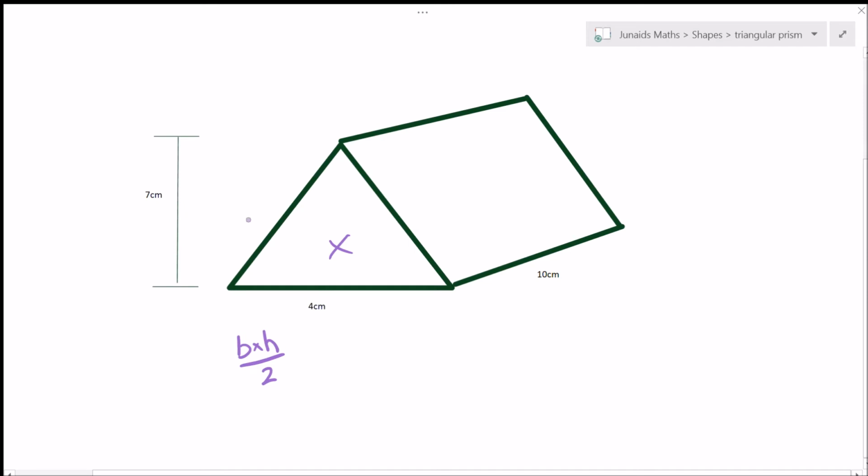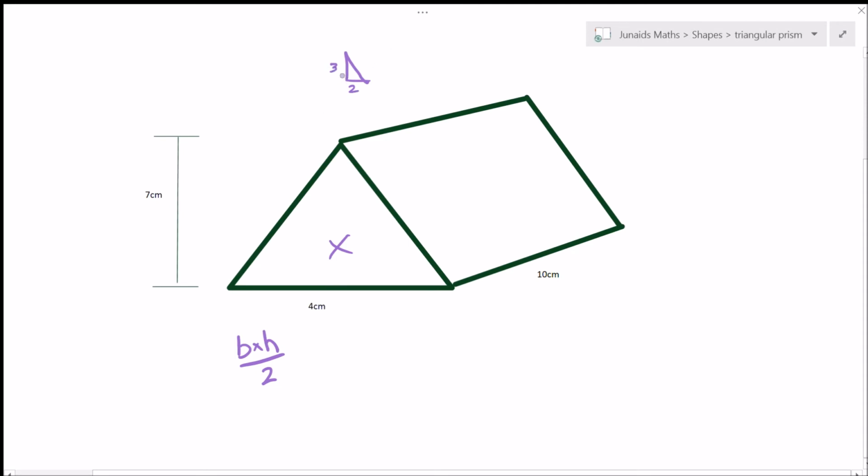Sometimes the exams will give you this value here, just to confuse you or for any other calculations. For example, if I have a right angle triangle and I'm given some value here and some value here, I can go ahead and do base times height and divide by 2.